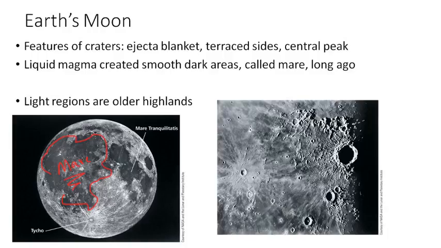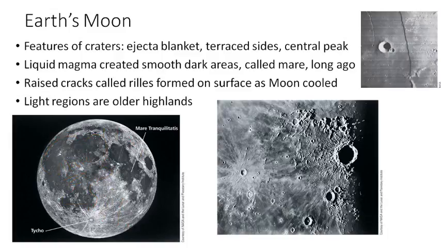What was happening, it had started to form a crust, and then basically it got hit by meteors enough to break the thin skin, and so it basically kind of resurfaced itself. So that's mare, nice and smooth. And then kind of these light regions, okay, those are the highlands. You can kind of see some craters here and there. The highlands are older than the mare.